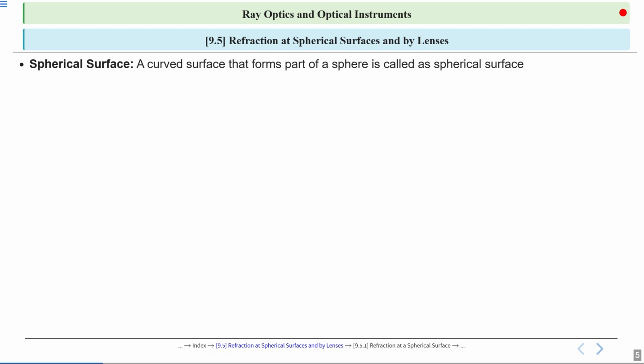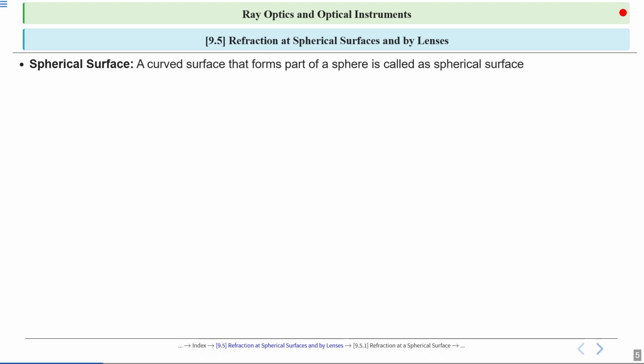So what is a spherical surface? A curved surface that forms a part of a sphere. The spherical reflecting surface or spherical mirror that we discussed was also a part of a sphere. We discussed that if the reflecting surface is curved outwards, then it is a convex mirror.